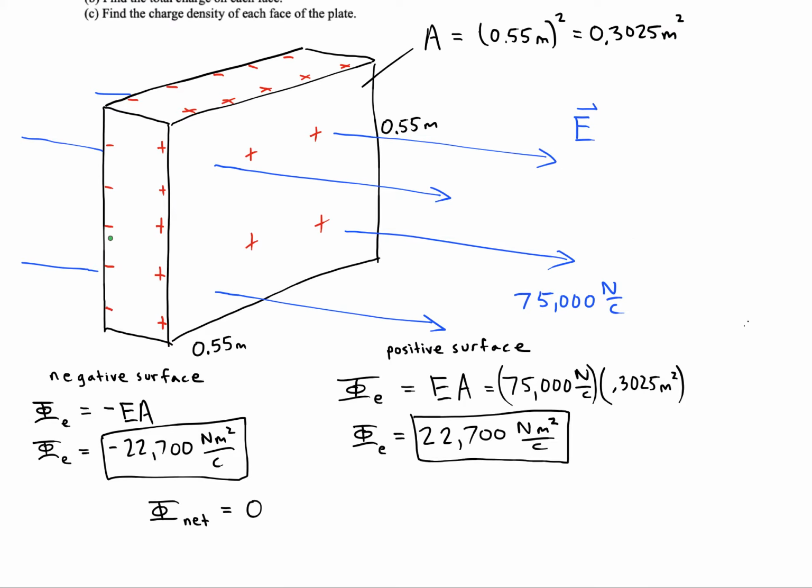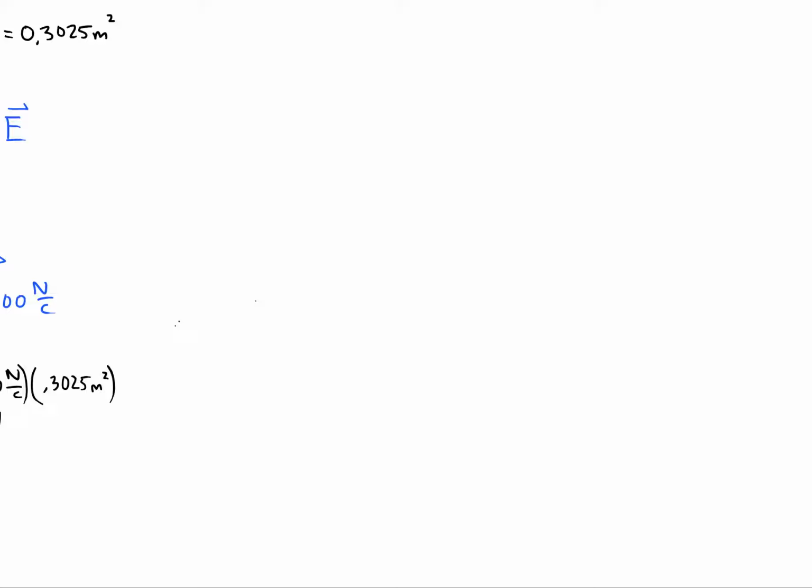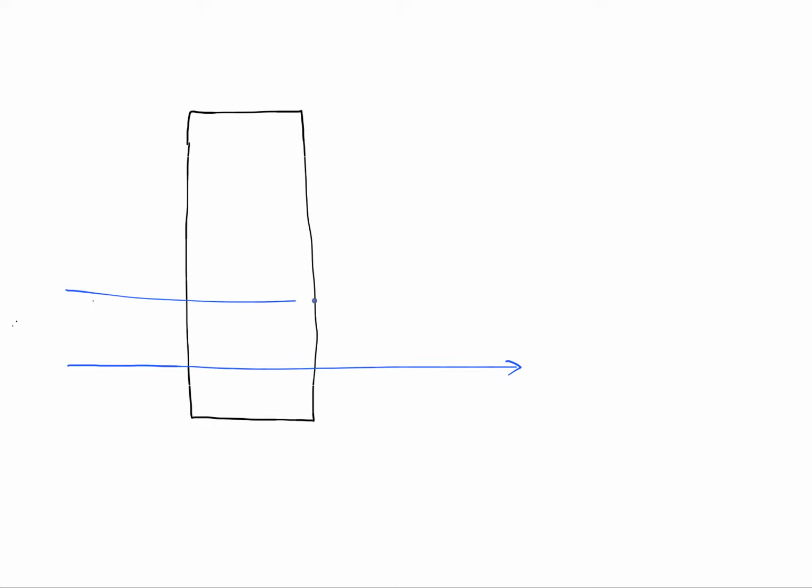So if we take a look at a cross-section of the copper, there's an external electric field which cuts right through the object.